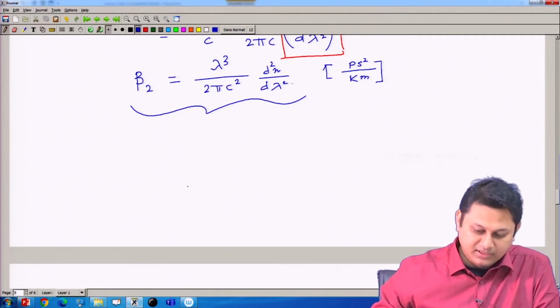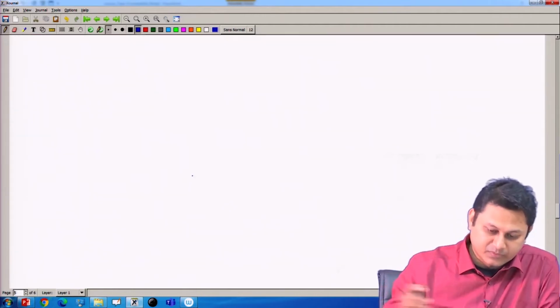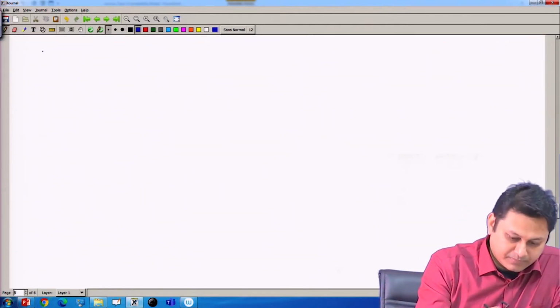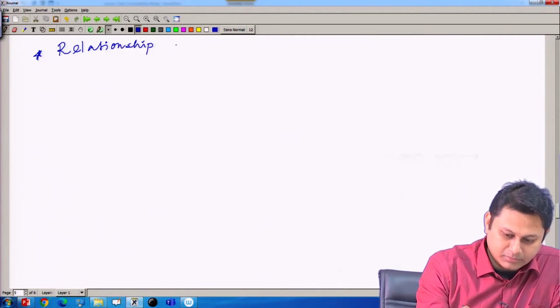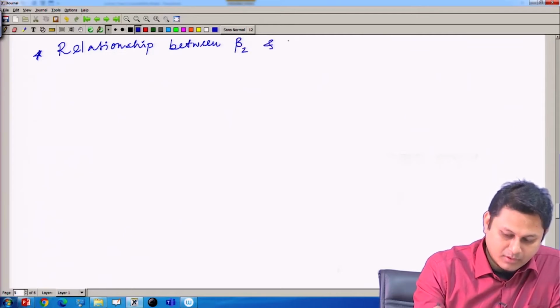So, the next thing is to find the relationship between the two dispersion coefficients beta 2 and Dm.